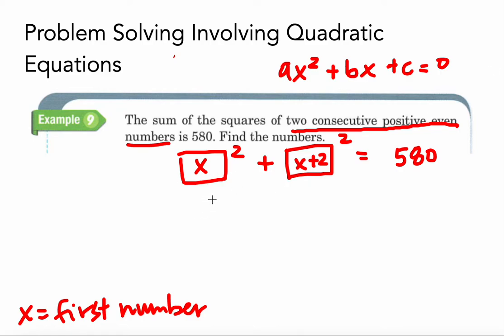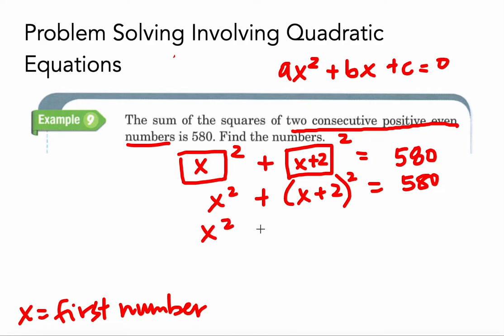We have our equation. Let's rewrite it without the boxes. I will need parentheses around the second term because it is that entire thing squared. All right, let's go ahead and simplify it. X squared stays the same.